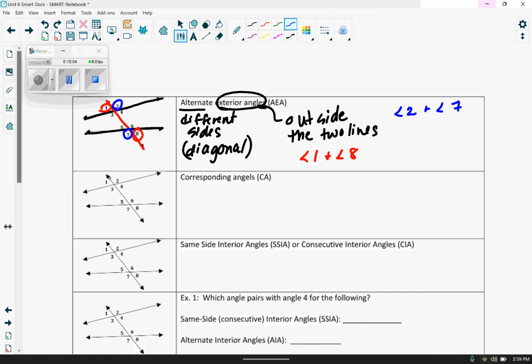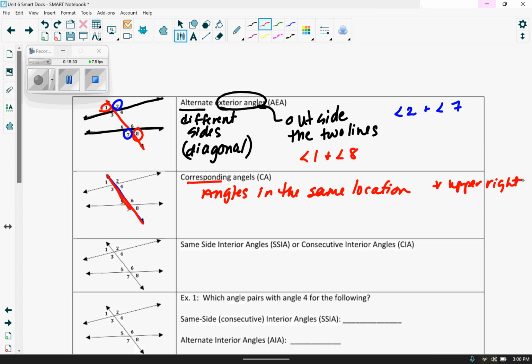Now the next piece, again, here's my transversal. Corresponding means in the same location. Angles in the same location, such as upper right, upper left, lower right, lower left.